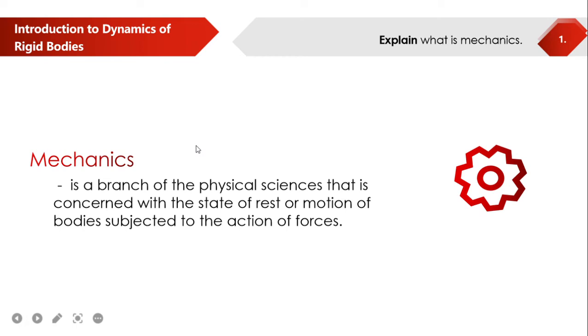To avoid confusion, mechanics is a very wide subject. Mechanics is subdivided into three parts: first, mechanics of rigid bodies; second, mechanics of deformable bodies or strength of materials; and lastly, mechanics of fluids or basically fluid mechanics.